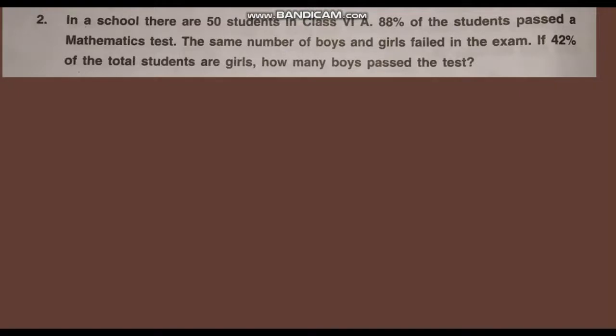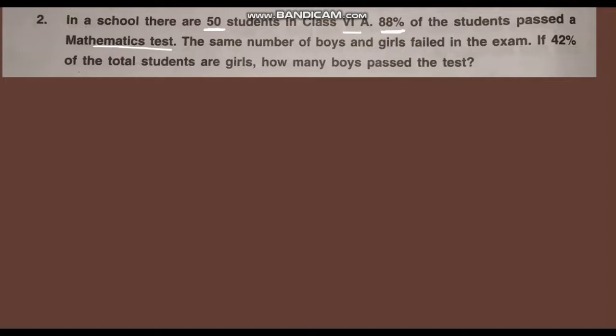In a school, there are 50 students in class 6A. 88% of the students passed a mathematics test. See here children, total number of students in class 6A are 50 and 88% of the students passed maths test.